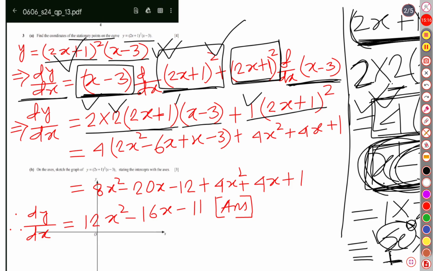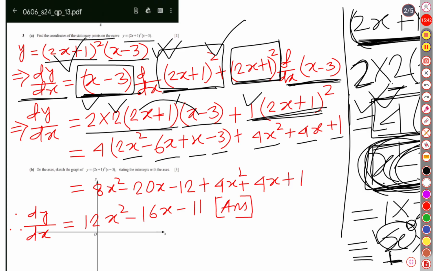Then as this is in multiplying state, we are going to multiply: 2x into x, 2x square; 2x into 3, negative 6x; 1 plus x, x; and negative 3, positive 3, positive 1, it's negative 3. After that, this is (a plus b) whole square. You know how to apply the formula of (a plus b) whole square: a square plus 2ab plus b square.